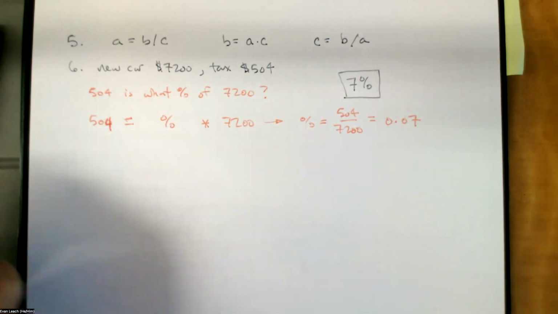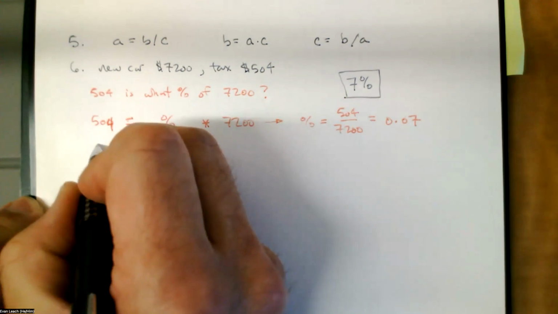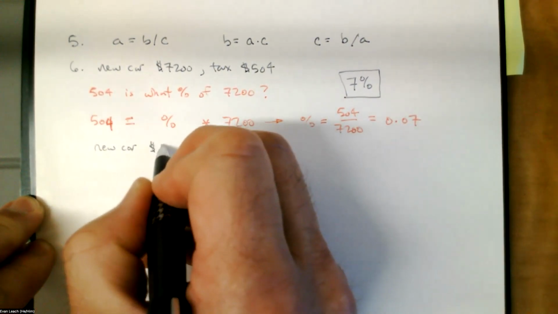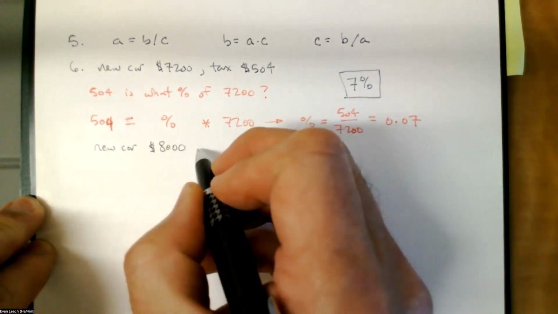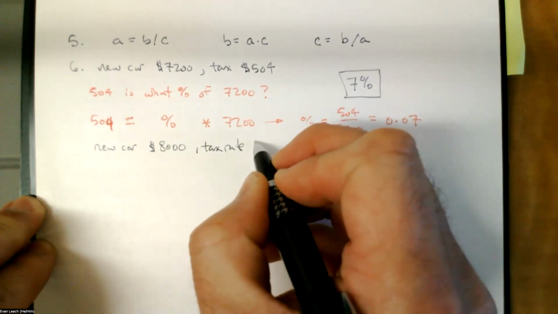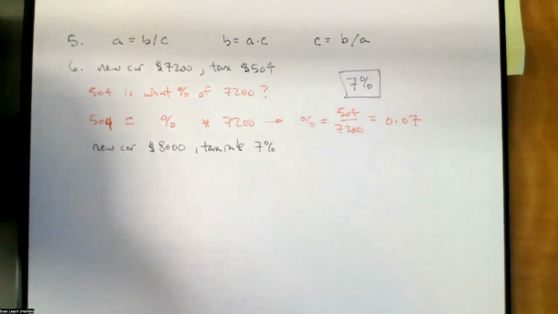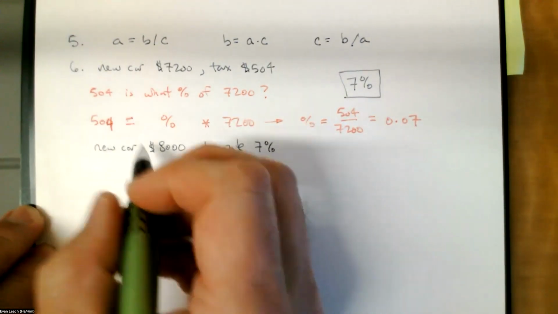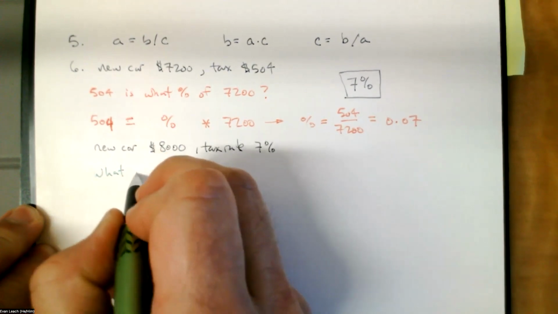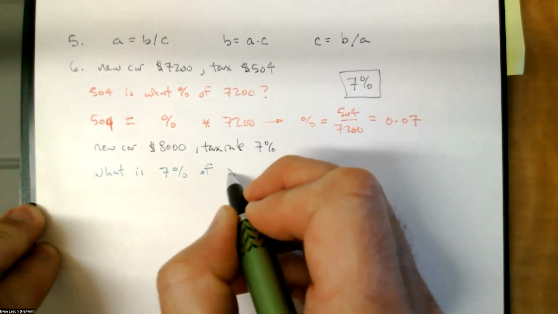Now, if the tax rate is 7%, and I have a new car with a value of $8,000, now the question is, I want to know what the tax is. So I say, what is 7% of $8,000?